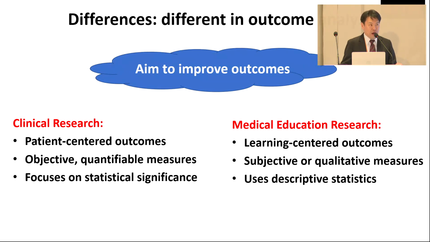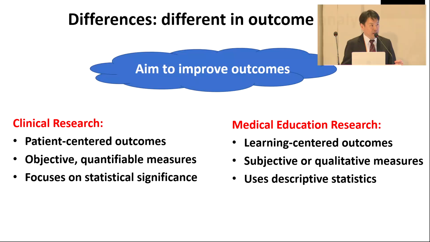And how do they differ in outcome analysis? Although both study types aim to improve outcomes, clinical research majors in patient-centered outcomes, whereas medical education research is more of a learning-based outcome evaluation. In clinical research, the measurements are more objective and quantified, whereas in medical education research they are more subjective and maybe qualitative.